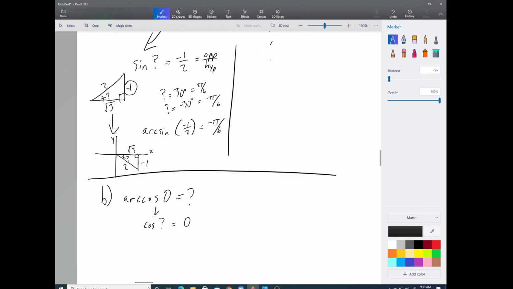And there are, of course, 2 locations, but because we're looking at the limited range here, let's write it this way. On the unit circle, your cosine corresponds to the x values, and your x values equal 0 right here and right here.